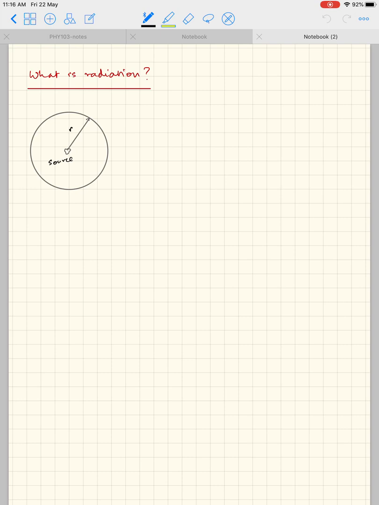This is because it takes electromagnetic news, which of course, as you know very well, travels at the speed of light, some time to reach the point P from the point S. So everything is going to be delayed by that.